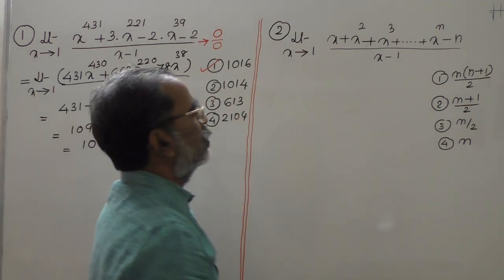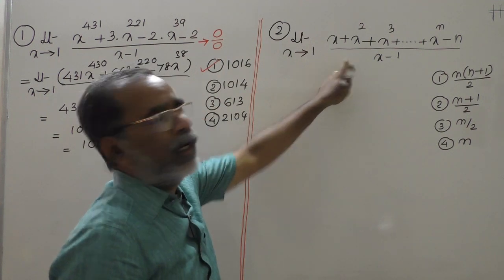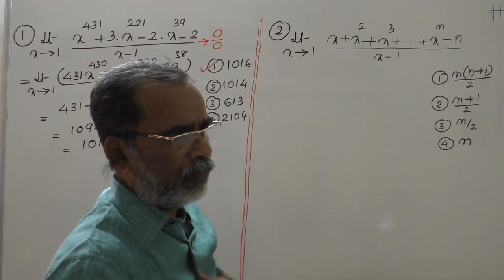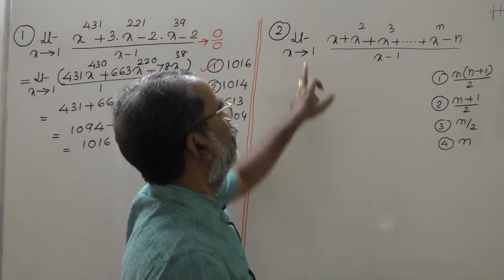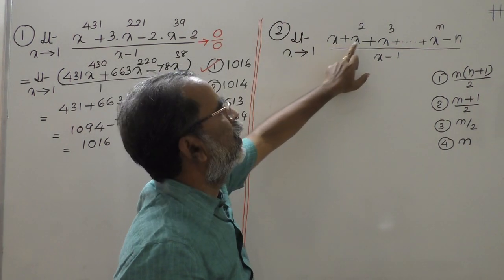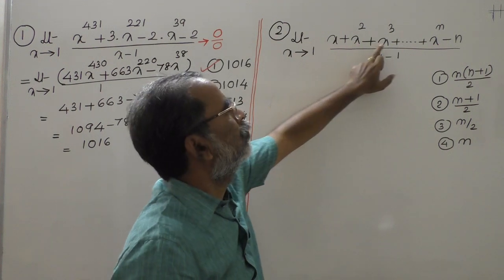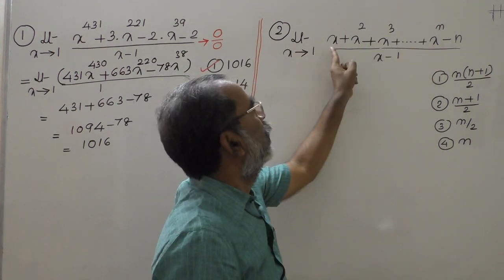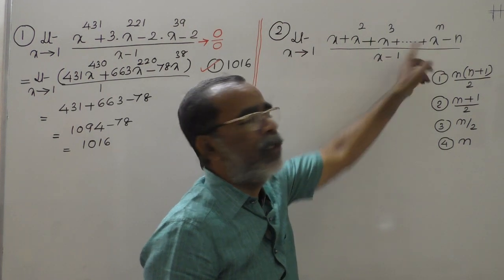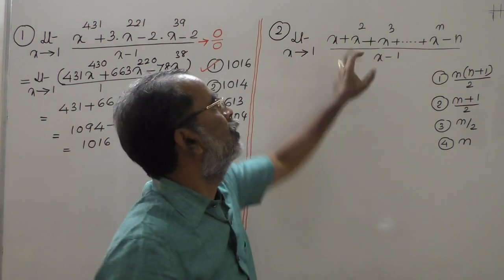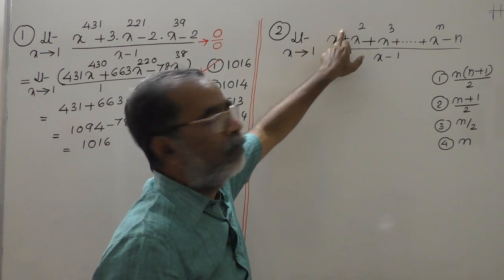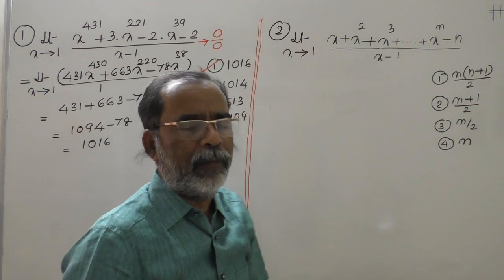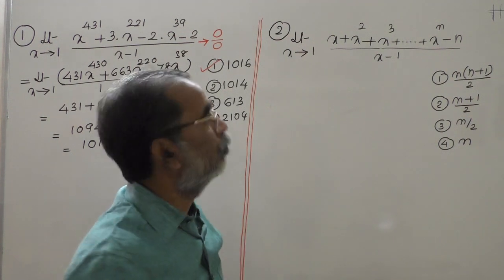Coming to the next question. This is the question. I will put the limit first. First you should substitute the limit for all the problems. If I write 1, x is 1, x square is also 1, x cube is also 1, up to x power n. How many terms will be there? There are n terms, beginning from power 1 up to x power n: 1, 2, 3, 4 up to n, they are n in number.